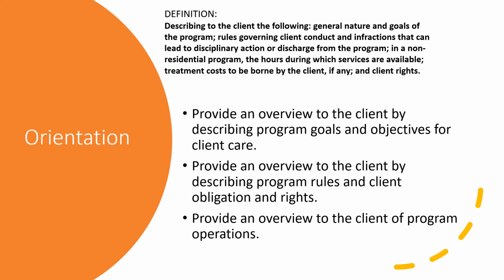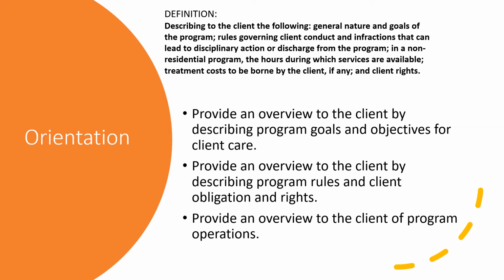Next up, we have orientation, and you'll see there's a lot of overlap. So even though these are distinct functions, a lot of them can happen at the same time, simultaneously. So during the orientation part, we are describing to the client what the goals of the program are, what any rules are that the client needs to follow. And in particular, if you have a residential setting, there's probably going to be a whole lot of rules they may need to follow.